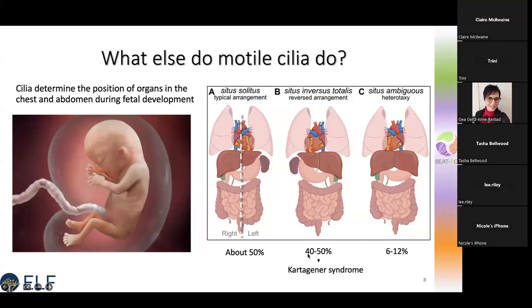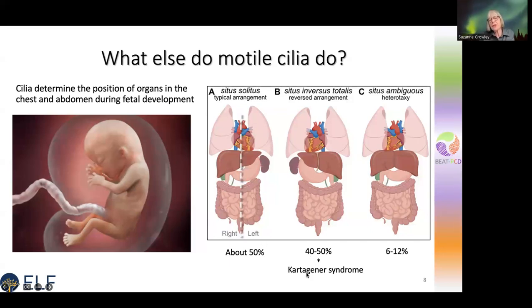But about 40 to 50% of people have something called Kartagener syndrome. And what that means is that the organs in the chest and the abdomen are mirrored. So that the left lung is now on the right and the right lung on the left. The heart is on the right and vice versa. So the spleen is now on the right. And importantly, the appendix is on the left.